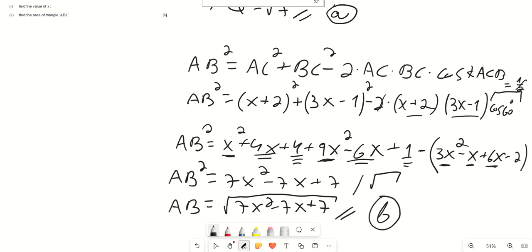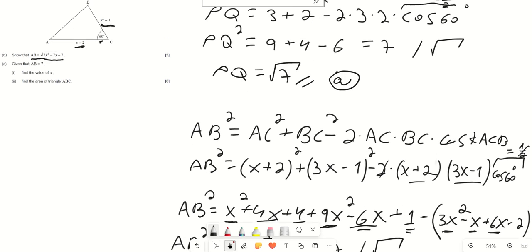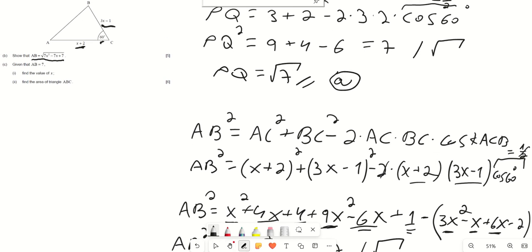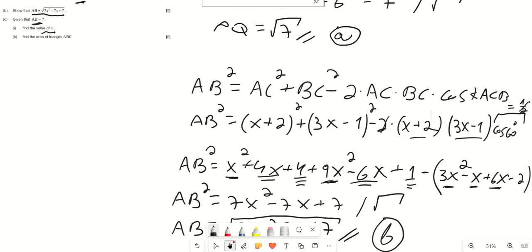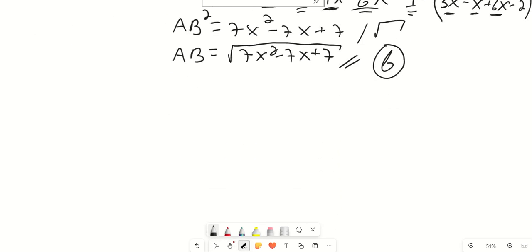Part C. So in part C we are given now that AB is 7, and we need to find first the value of x. So I'm just going to use the term that I got in B, and I'm going to put 7 instead of AB.